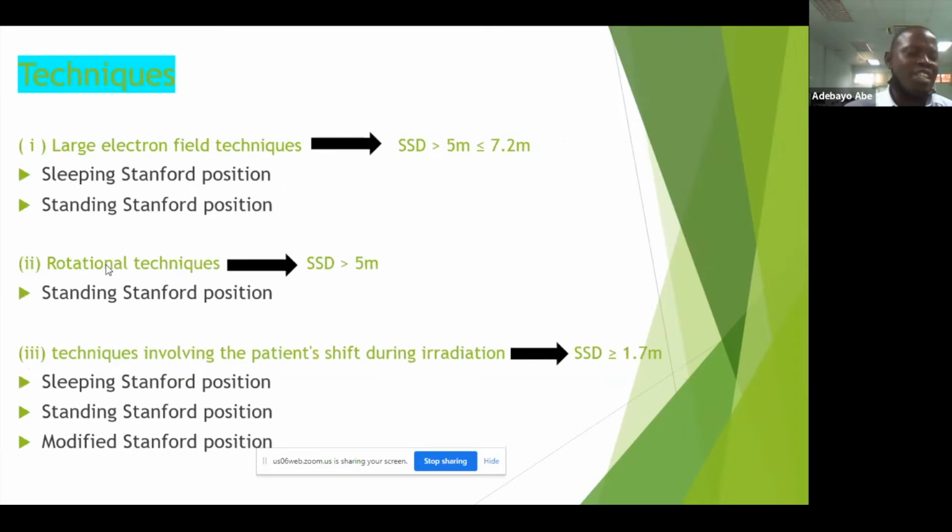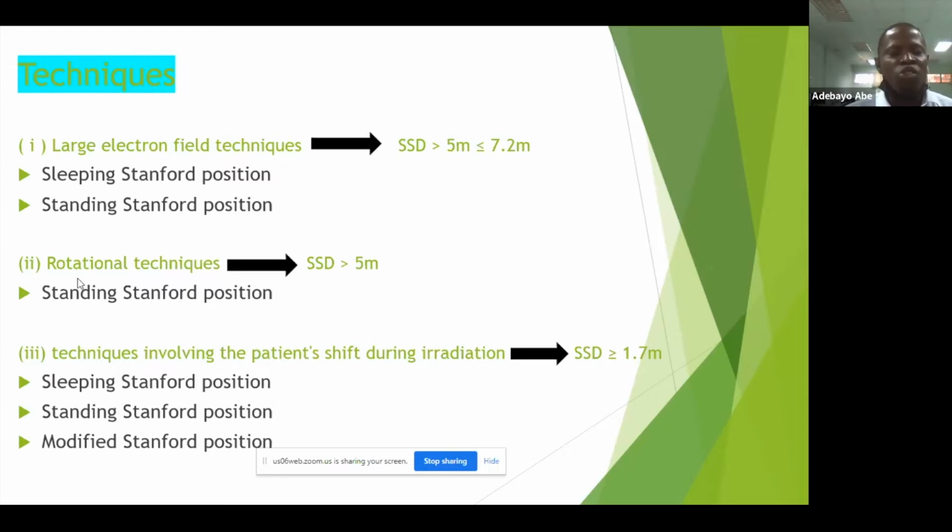There are various techniques that have been employed and modified. I'll be talking about a few, because the technique is being modified as we get more advanced technology. The first one was the large electron field technique, where you open your field to 40 by 40 in electron mode, and the beam alignment is made to meet up with the patient height.